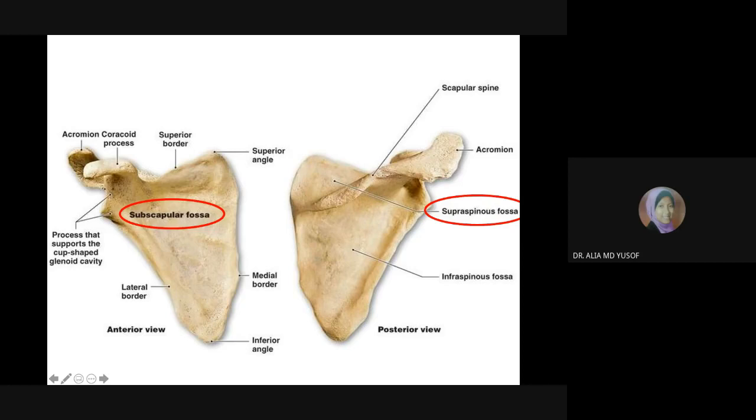It is called the spinous process of the scapula or the scapular spine, which is continuous laterally with the acromion process or acromion. And this acromion will form a plane joint, the acromioclavicular joint, with the clavicle anteriorly.